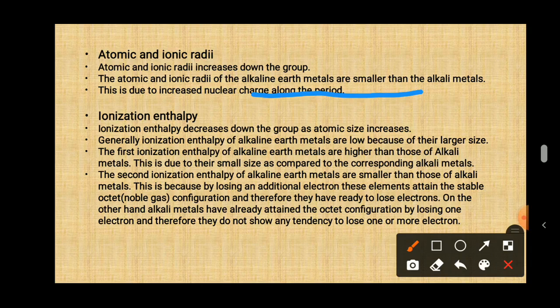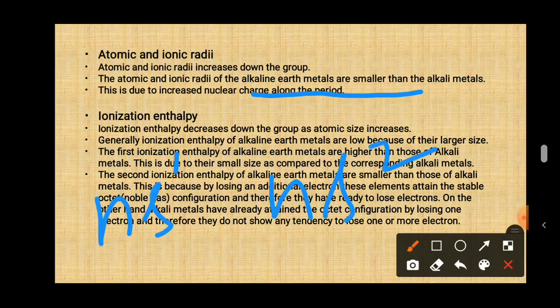But in the case of first ionization enthalpy, what is the meaning of first ionization enthalpy? It is nothing but the removal of the first outermost electron. Alkali metals have one electron in the outermost shell. Alkaline earth metals have 2 electrons in the outermost shell.